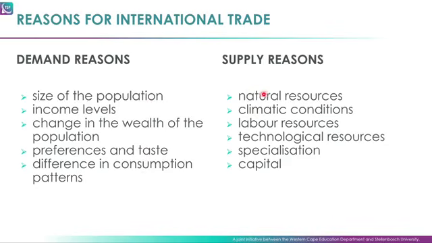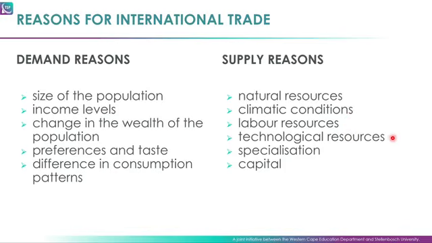So if we look at natural resources now under supply reasons, there you're going to talk about it being unequally spread across the Earth's surface. Give examples of countries where they've made full use of their resources. Climatic conditions, you're looking at the weather patterns. You're looking at what crops are best grown where. Your labor resources, you're looking at the skill levels of your workers.